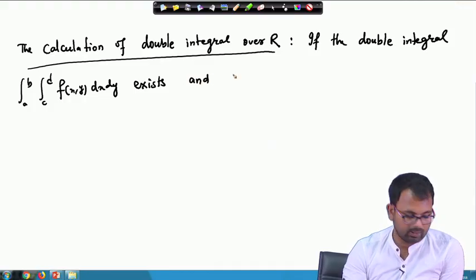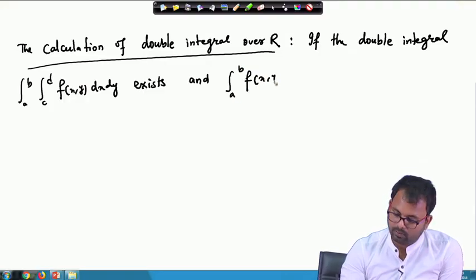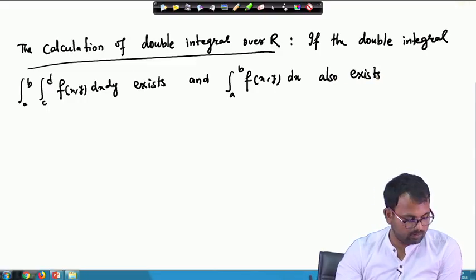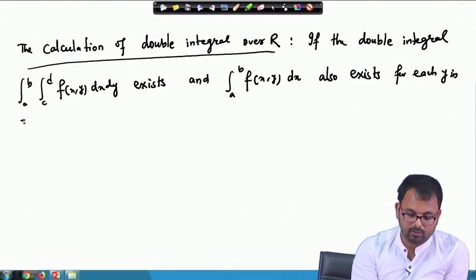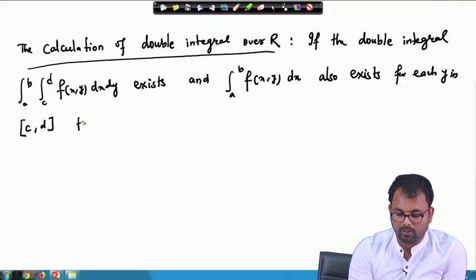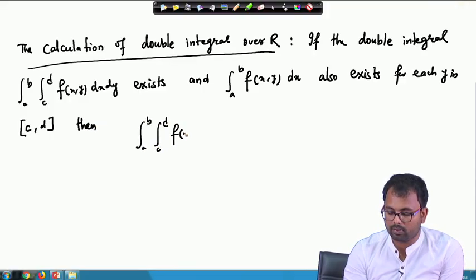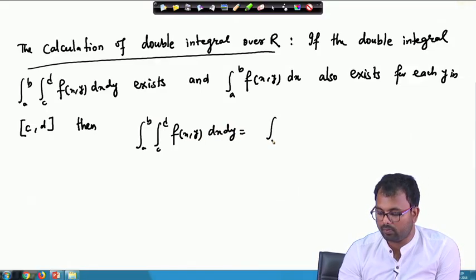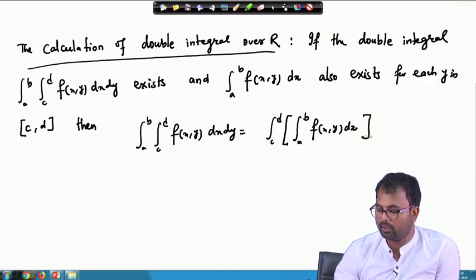and the integral from a to b of f(x, y) dx also exists for each y in [c, d], then the integral from a to b, integral from c to d, f(x, y) dx dy can be written as the integral from c to d, then the integral from a to b, f(x, y) dx and then dy.